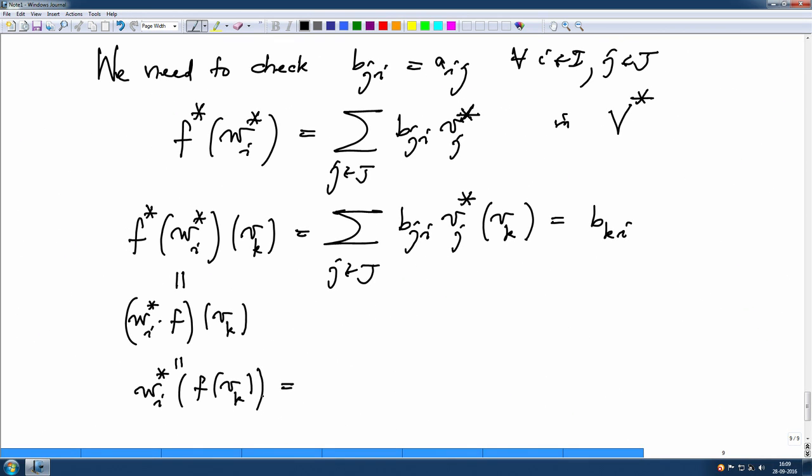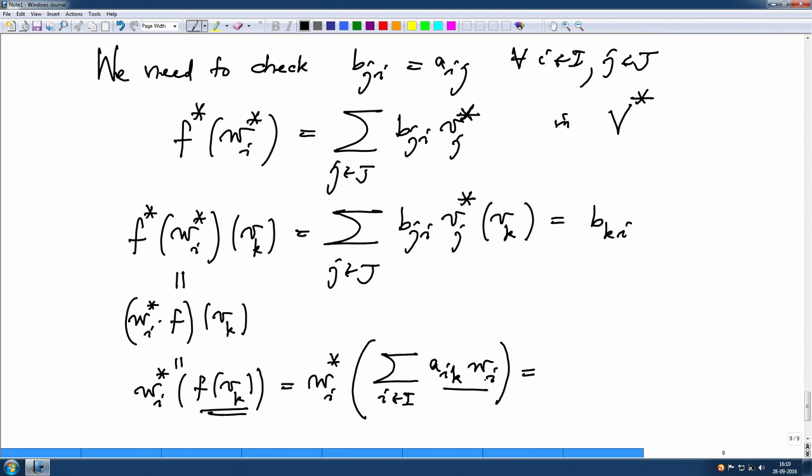Now F of Vk we have written as summation over i in I of aik Wi.